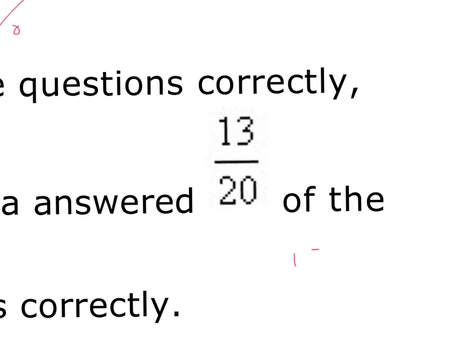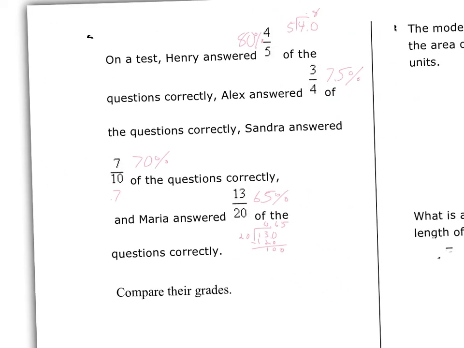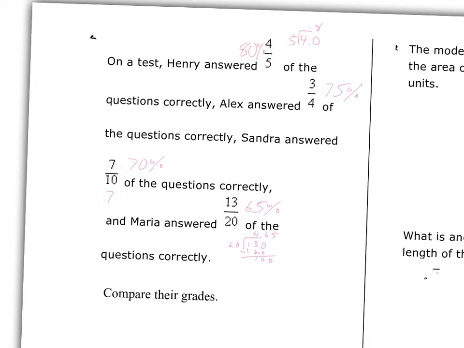We've got to say 13 divided by 20. 20 doesn't go into 13. It goes into 130 6 times. It goes into 100 5 times. 0.65 is 65%. Now that we've got them all changed to percentages, who made the highest grade? Henry. Who made the lowest grade? Mariah made a 65. That's the lowest grade.